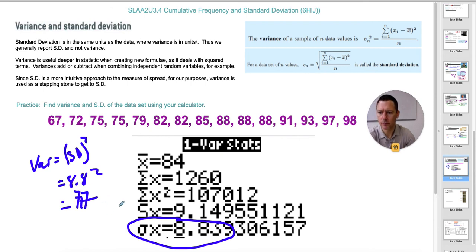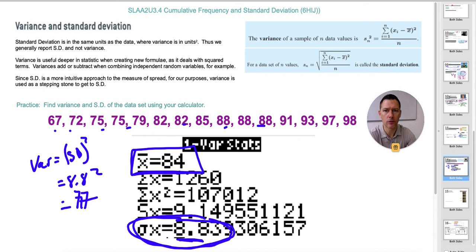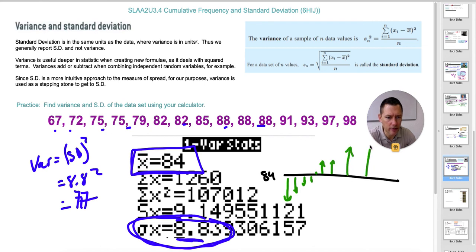77. Cool. So what this means is on average, all of these points are 8.8 units away from this mean value. So if the mean value is 84, 67 is going to be down here, 72 is going to be down there, 75 is going to be a little closer, etc. 85's really close, 88's a little higher, right?